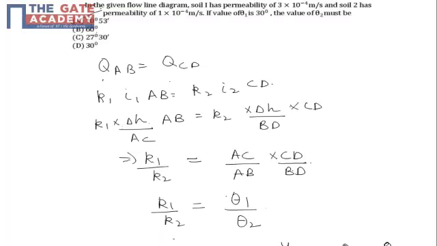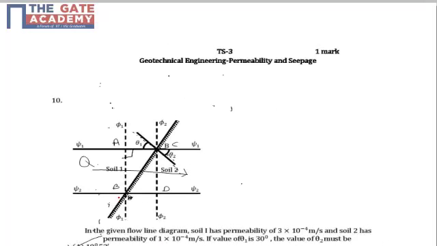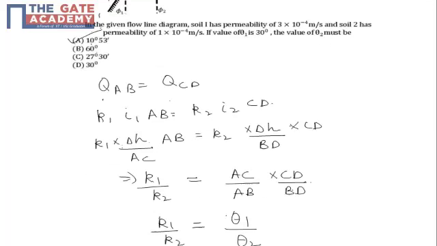Let us say AB and CD are two lines drawn in soil 1 and soil 2 respectively, and let us assume that the cross-sectional area of this soil is 1 unit. So the discharge Q taking place through AB will be given by K1 into I1 into AB.